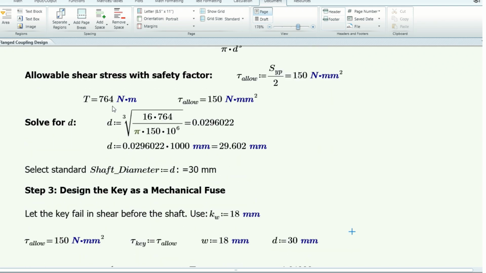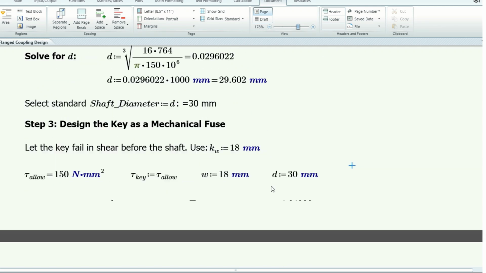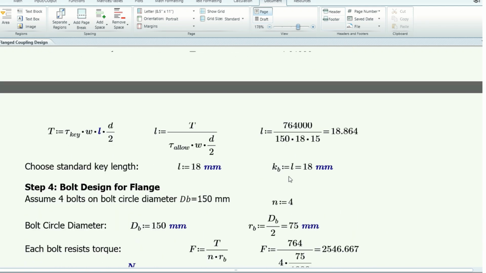So 764 Newton meter is now 764 times 1000 Newton mm divided by 150 Newton per mm square, this is also in mm, and 18 mm, and 15 mm is the diameter, 30 divided by 2. That is equal to 18.18. Let's take 18. So this keyway will be looking like a square keyway.